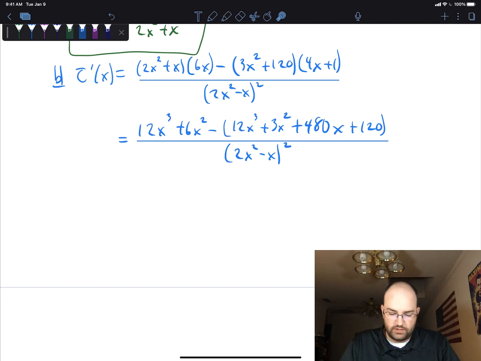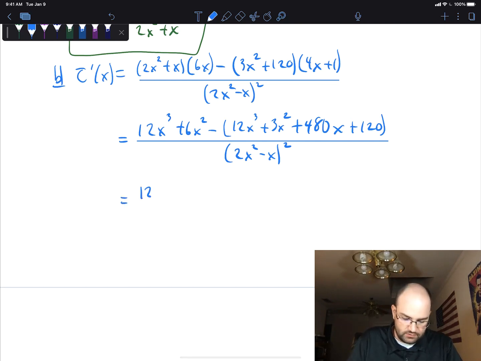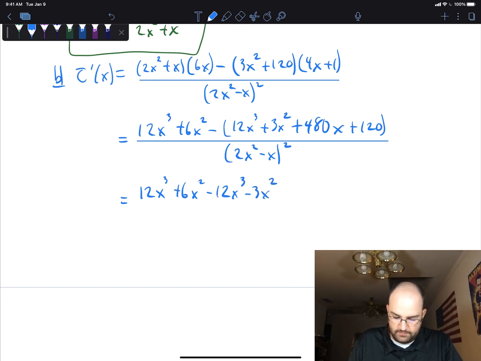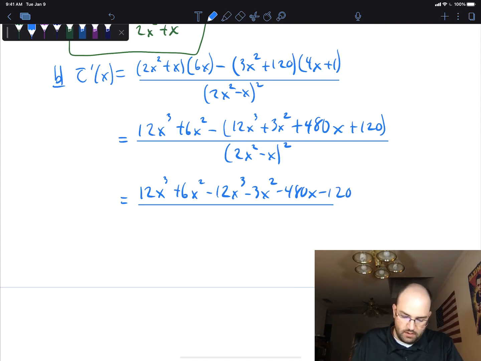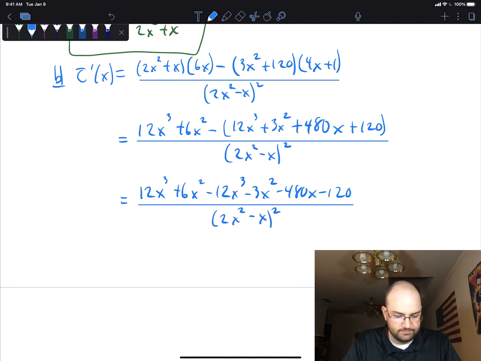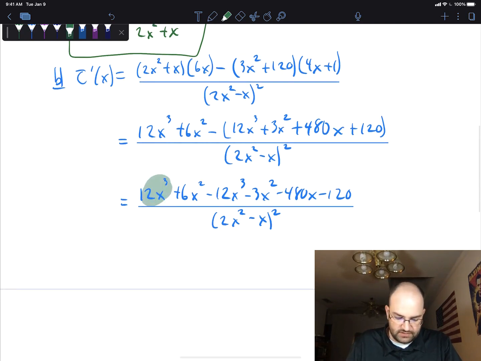Now notice that in the numerator we can distribute and then combine like terms. So this is going to give us 12x cubed plus 6x squared minus 12x cubed minus 3x squared minus 480x minus 120, all over 2x squared plus x, squared. Awesome. Now in the numerator, combining like terms, 12x cubed and negative 12x cubed cancel each other.